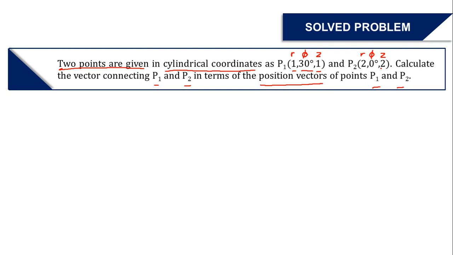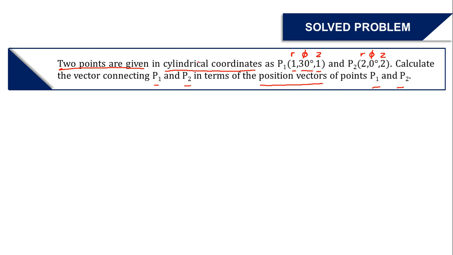So same approach doon sa kanina. Although, yung problem natin kasi sa ngayon is nasa cylindrical coordinates yung points natin. So our approach is that itong cylindrical coordinates, we are going to convert them into Cartesian plane. Okay? And then solve for the position vectors of points 1 and 2.